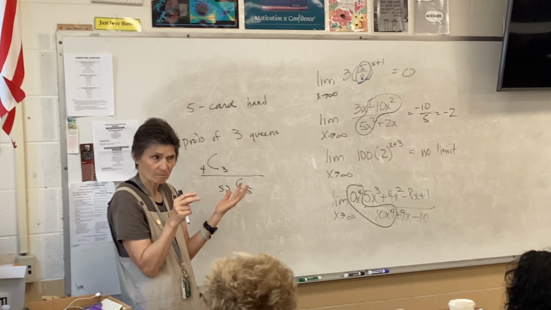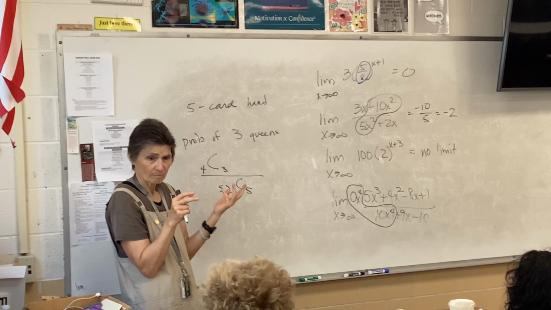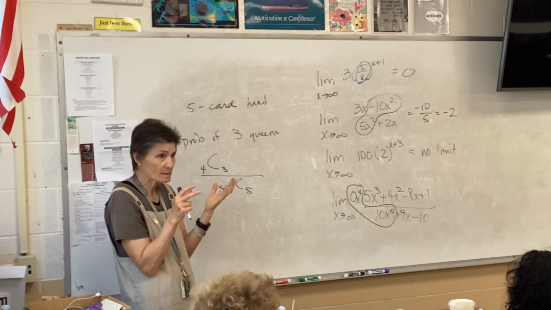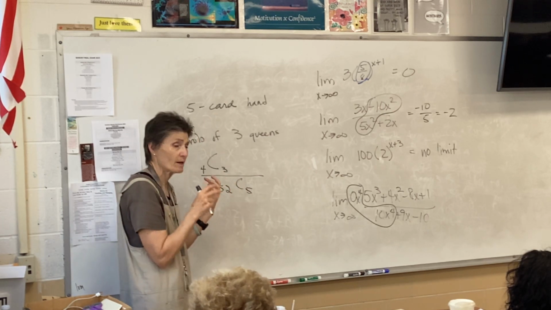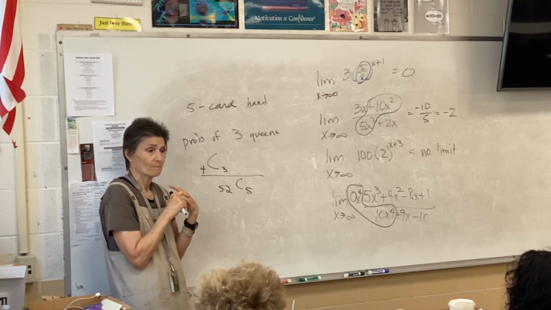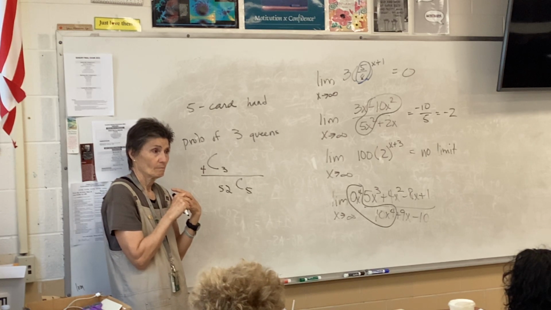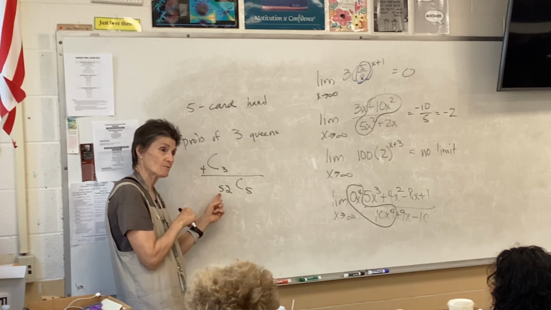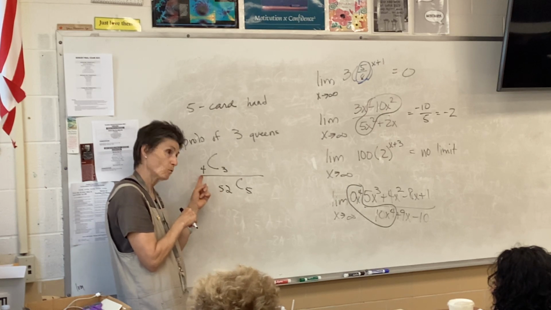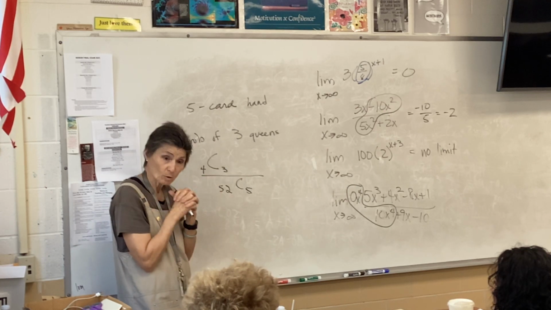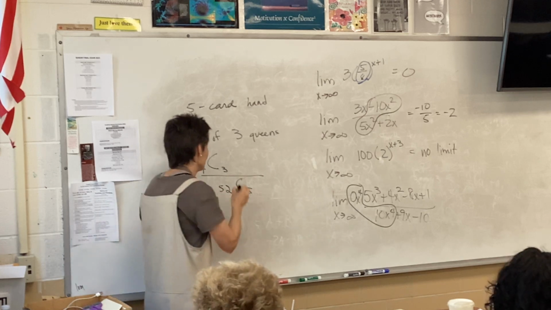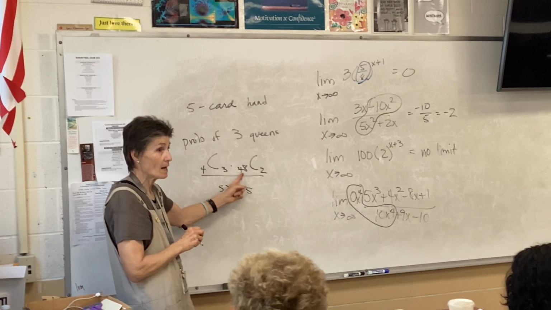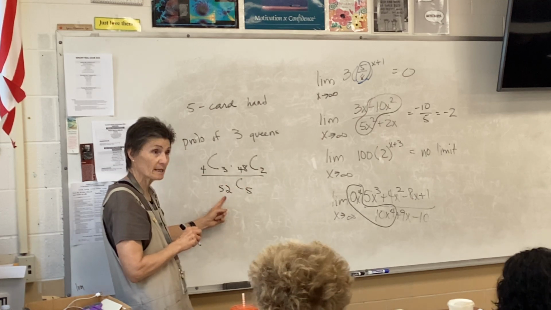What are they going to be? I don't know, but they're not queens, right? They're something other than queens. How many cards are there in the deck that aren't queens? You guys, you told me there's 52 cards in the deck. You told me 4 of them are queens. So how many of them aren't queens? 48. So there are 4 queens, 48 other cards, because there's 52 altogether.